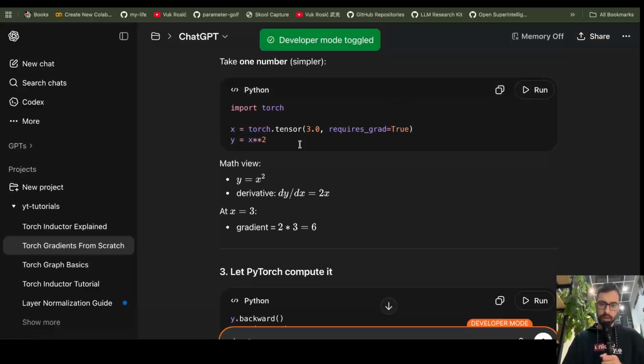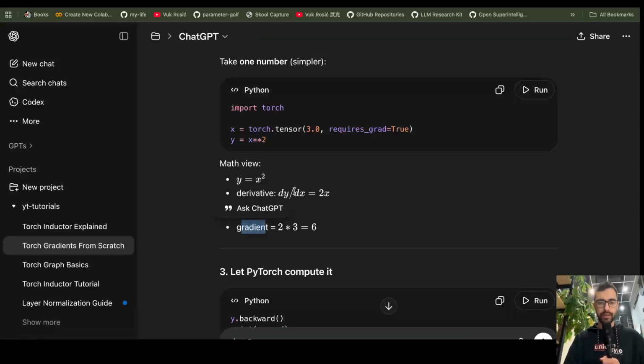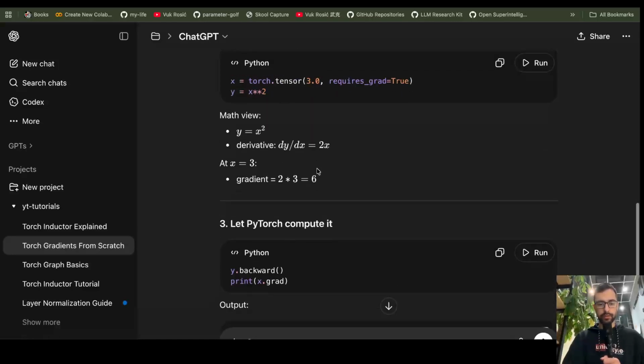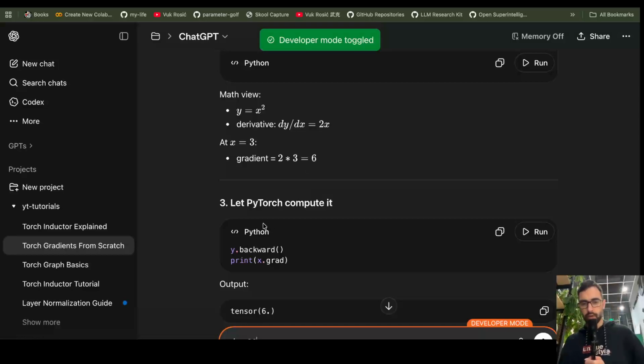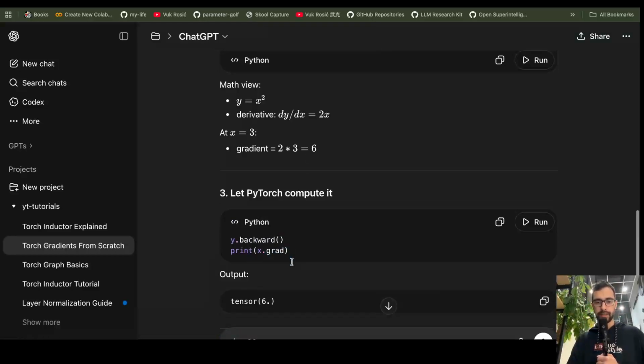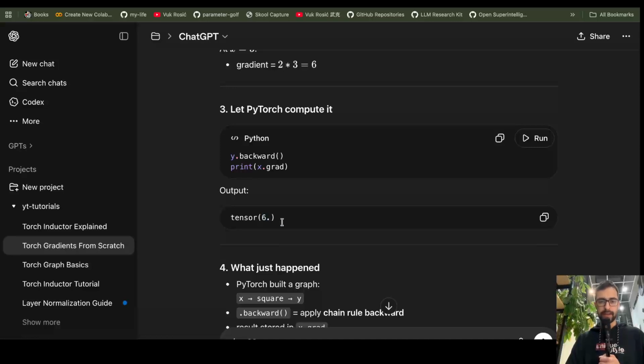If we have x equals 3, then the gradient or derivative here will be 2x, which is 6, and PyTorch will compute it automatically. If you say y.backward and print x.grad after that, it's going to give you 6, the value of the gradient at that point.